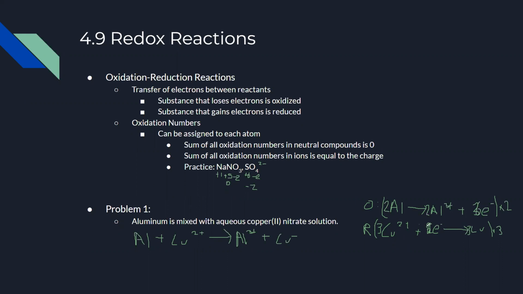You can take out the electrons and cancel them out. So our equation, once we balance it, is 2Al plus 3Cu2 plus makes 2Al3 plus and 3 Cu. So that's it.